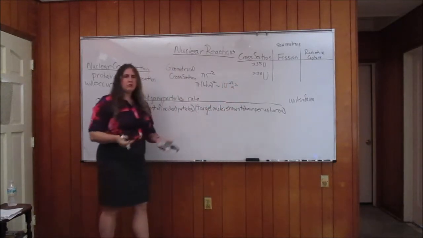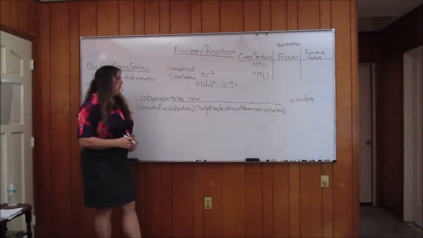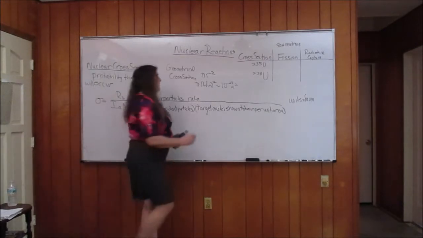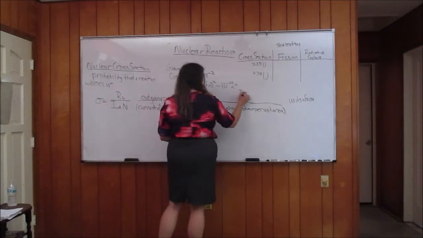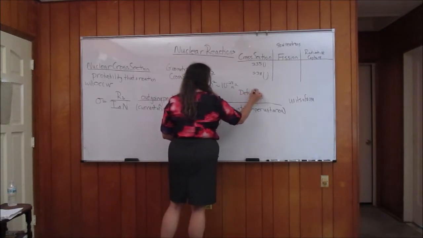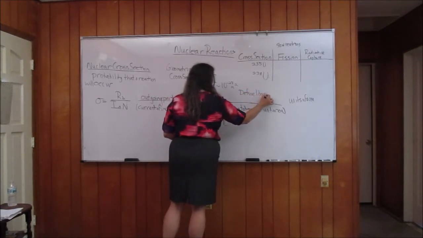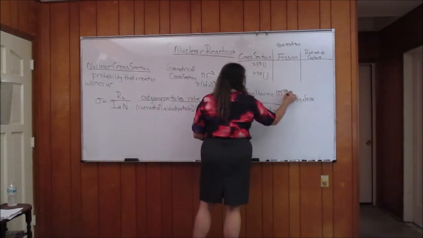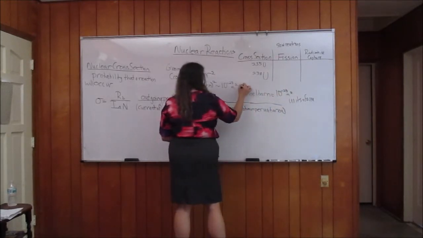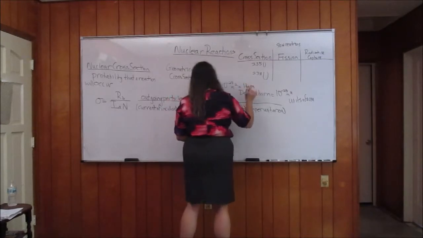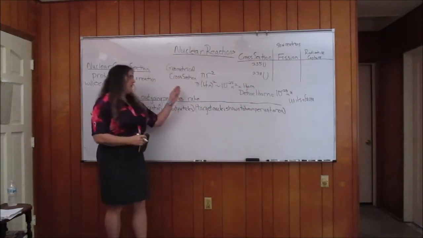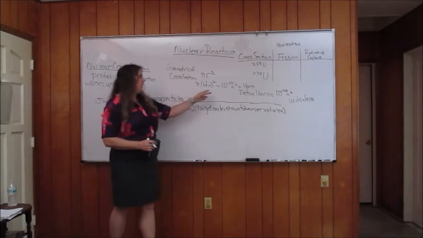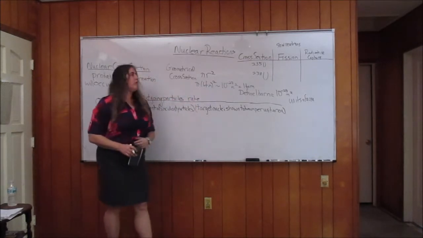Now, meters squared are not a convenient unit to use, so I'm going to define the barn. And 1 barn is equal to 10 to the minus 28 meters squared. So the geometrical cross-section of a typical heavy nucleus is just 1 barn.